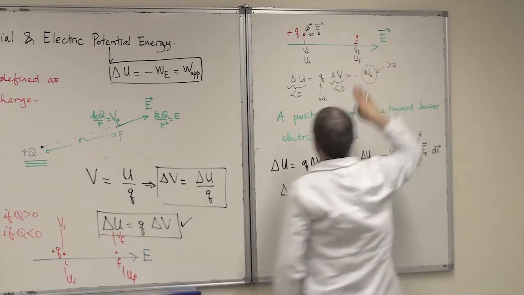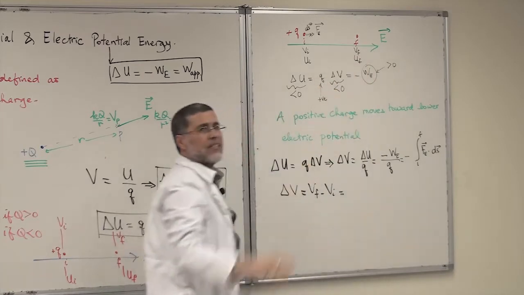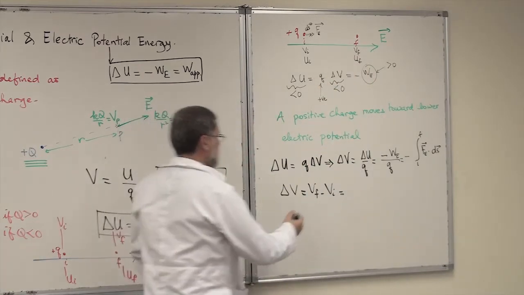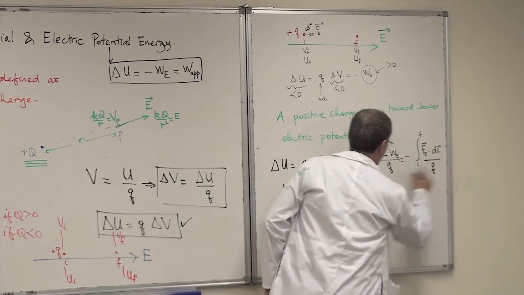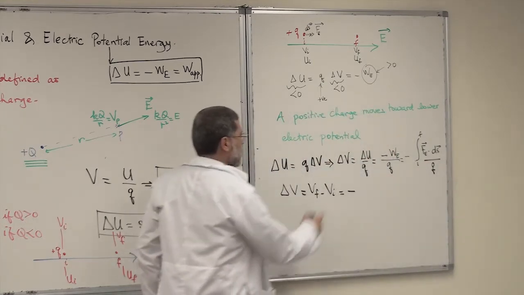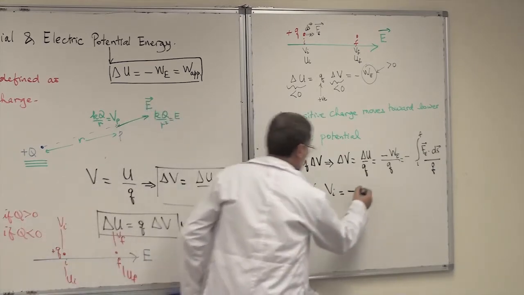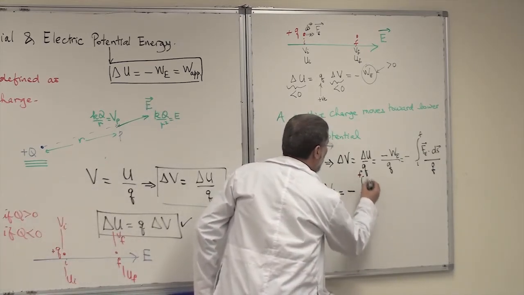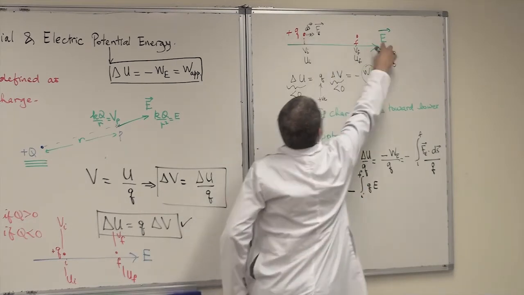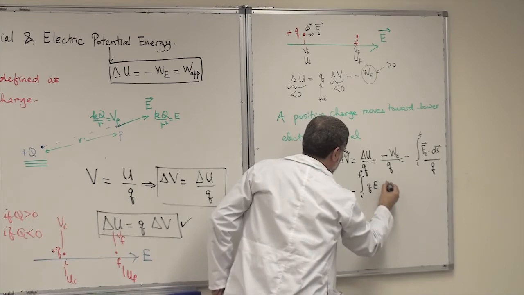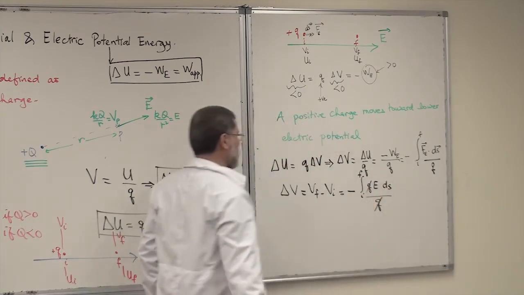So as we move with the electric field, the potential should decrease. Very important. So minus, and I have to divide by Q here. There's a charge Q. So what is Fe? I integrate between I and F. Fe is Q times E, ds over Q. So what do you think about this Q? This is the same charge, by the way.